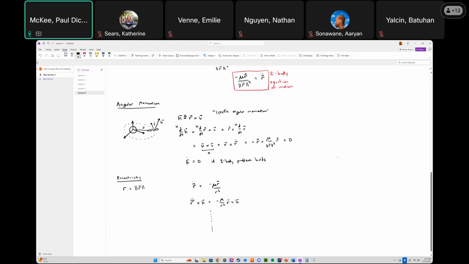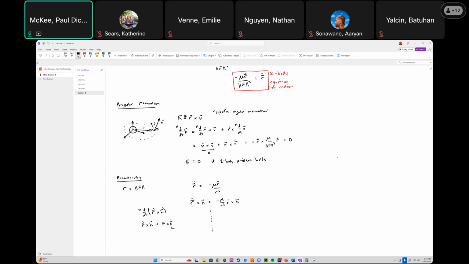Well, if you just look at the derivative in a Newtonian frame of r dot crossed with h, that's going to be equal to r double dot crossed with h plus r dot cross h dot.